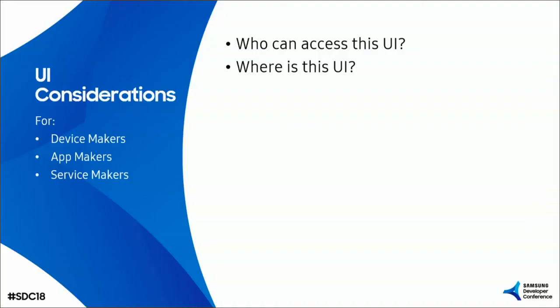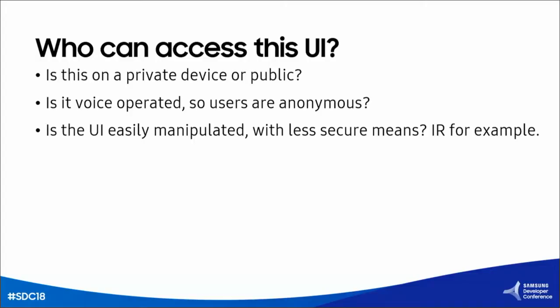Next, UI considerations. So this section is all about UI considerations for device makers, app makers, and service makers. So any of these, you really want to start thinking through up front. Who can access this UI and where is the UI? So is this UI on a private device, public?